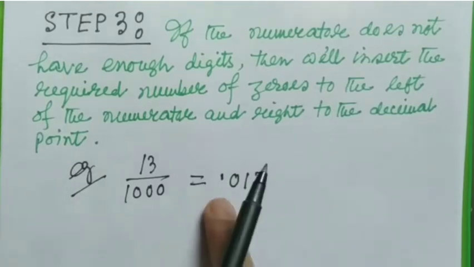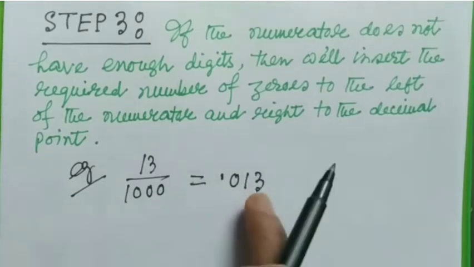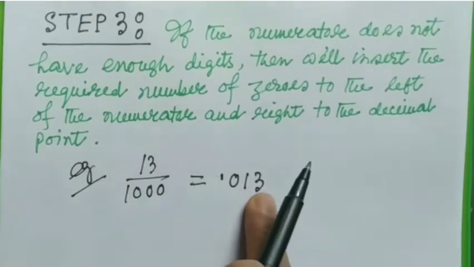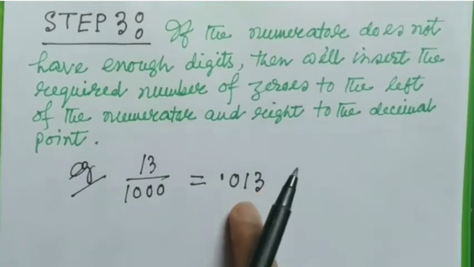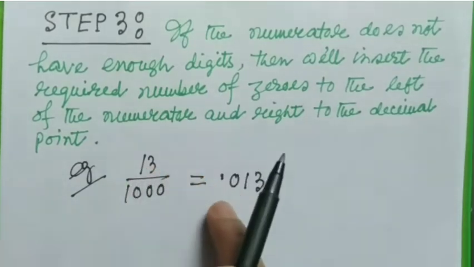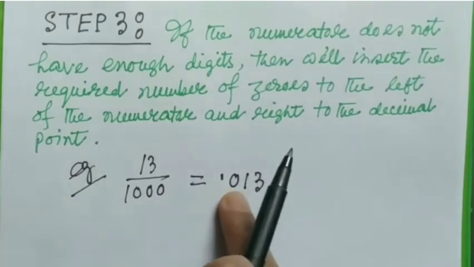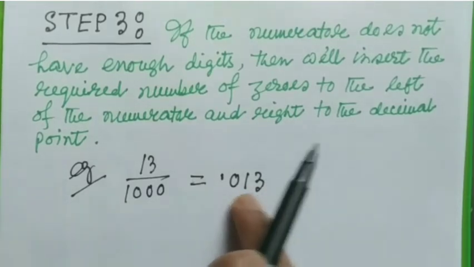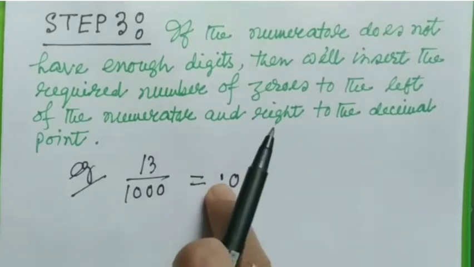Look at this. In this case, as 3 zeros are there in the denominator, our task is to put the decimal point 3 places left from the first digit on the right of the numerator. But in 13 only 2 digits are there, so in this case we have inserted a 0 at the extreme left to make the number of digits 3 before putting the decimal point.